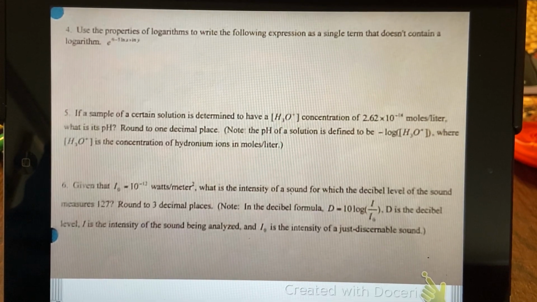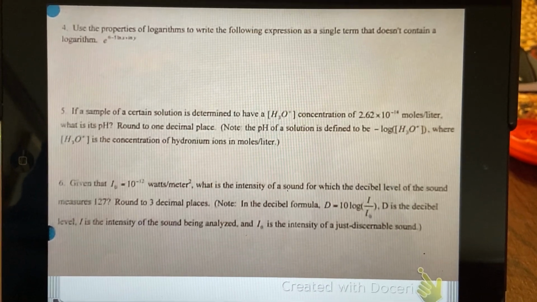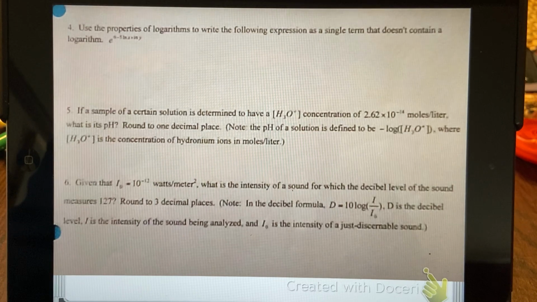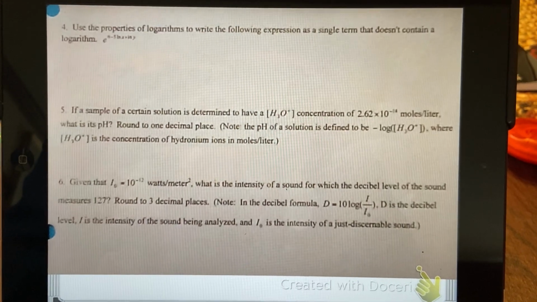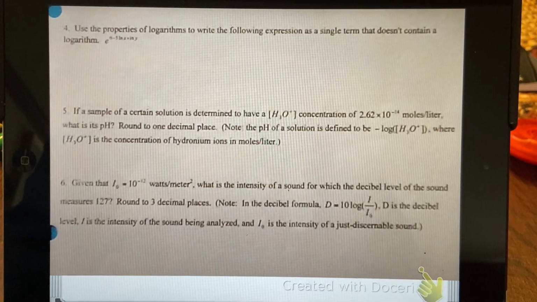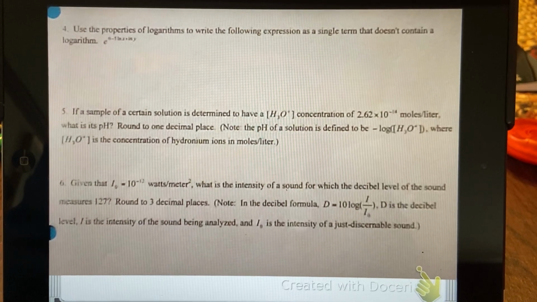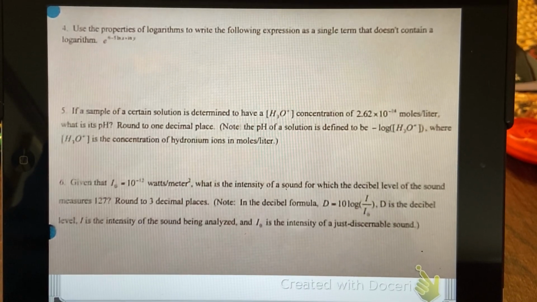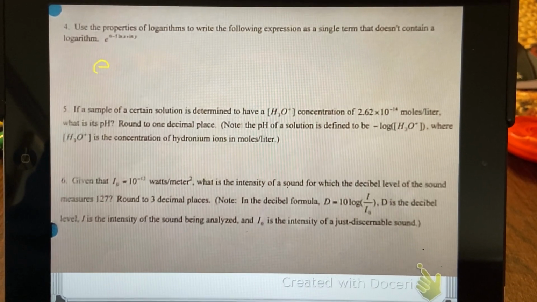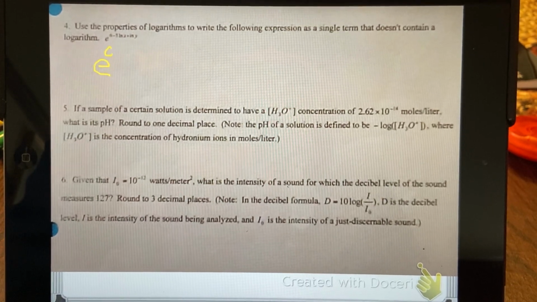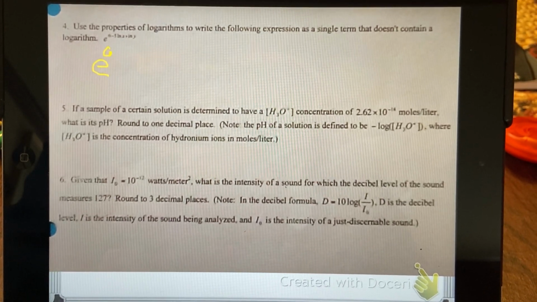Okay, so I'm going to split this little guy up. He's in kind of 2 parts. It's base e. Remember what base e is. It's the opposite of a natural log. So I actually have 2 pieces. So first piece is base e to the 6th. That's a 6.